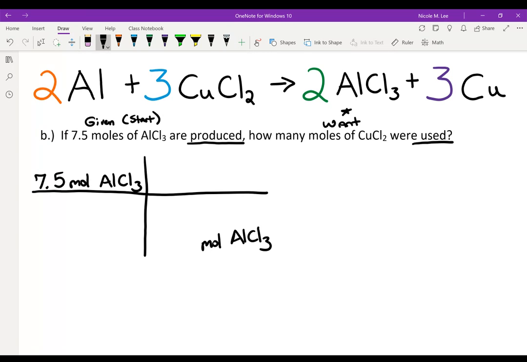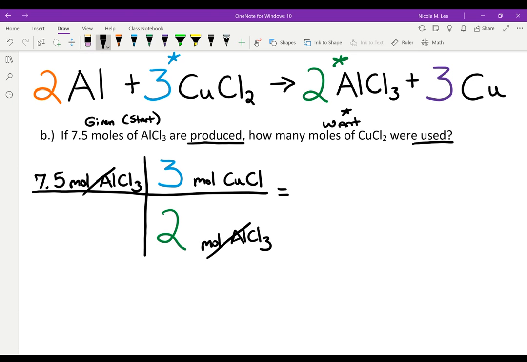How many moles of aluminum chloride? Well, you look at the balanced chemical equation right over here: 2 moles of aluminum chloride. What do I want to solve for? Well, I want copper 2 chloride, and that is right here. So 3 moles of copper 2 chloride. Moles of aluminum chloride cancel.